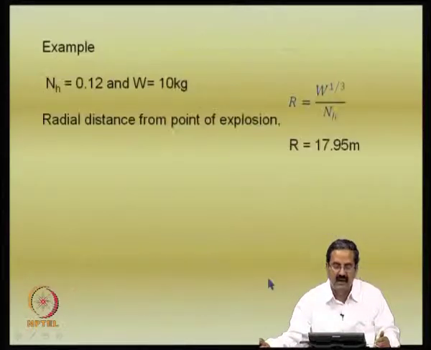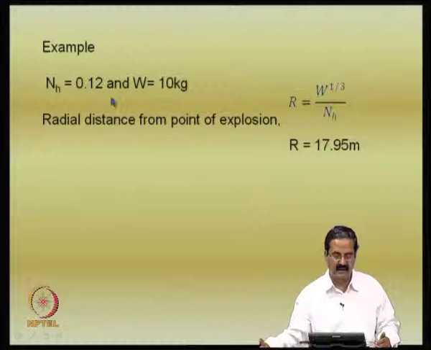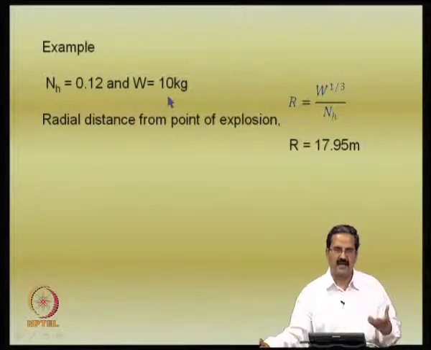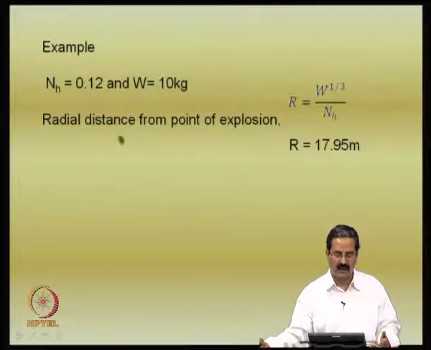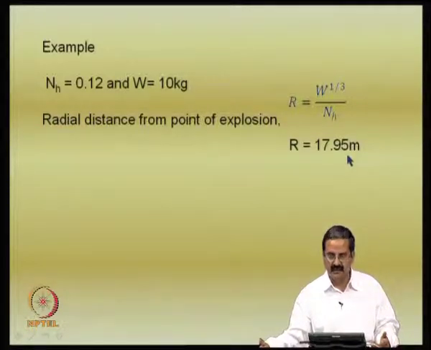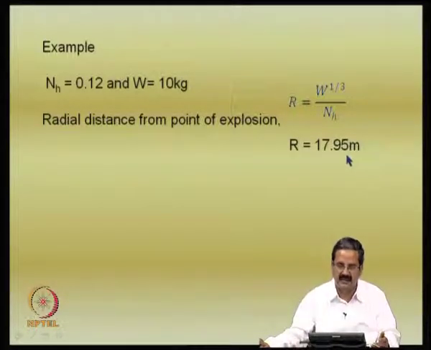I will give a small example. You take NH as 0.12 and the weight of the explosives as 10 kgs, it can be 1 ton or whatever, and using this expression for the radial distance, it could be 20 tons, about 17. If you use these numbers, you get R equal to 17.95. This number gives you the safe distance.